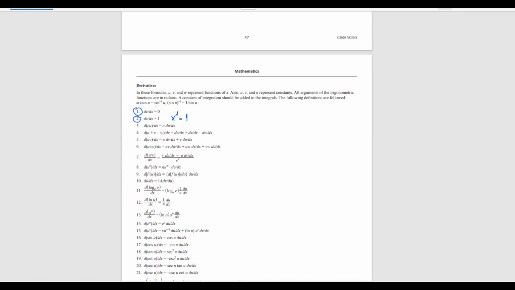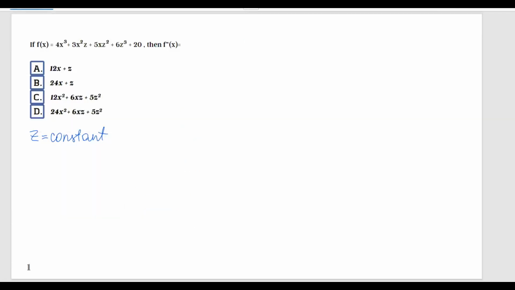Next, we have the case where we have a constant multiplied by a function, in our case x, and that's equal to the constant times the derivative of the function. And we're also going to have number 8, where the derivative of u to the power n is n multiplied by u to the power n minus 1.